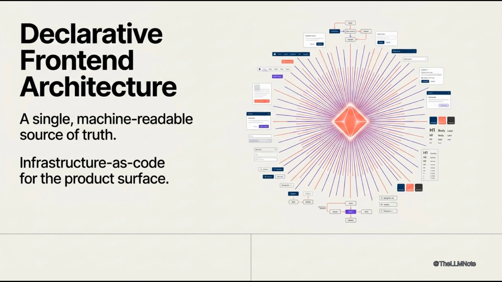The state machines model user flows declaratively, making all behavior deterministic and auditable. The UI becomes a system of composable, verified artifacts rather than handcrafted views. This is an operating model for the product surface analogous to infrastructure as code, where the schema compiles into live interfaces. Design and engineering now share a single enforceable contract.